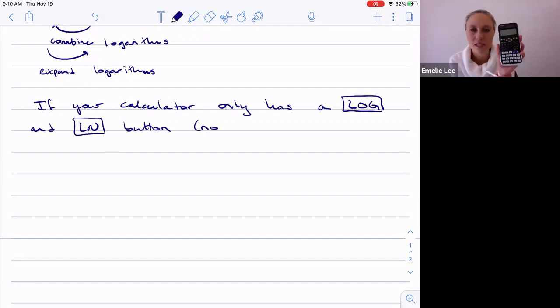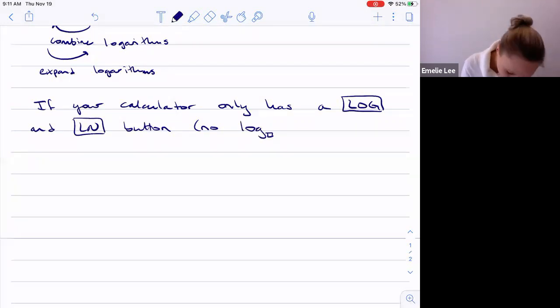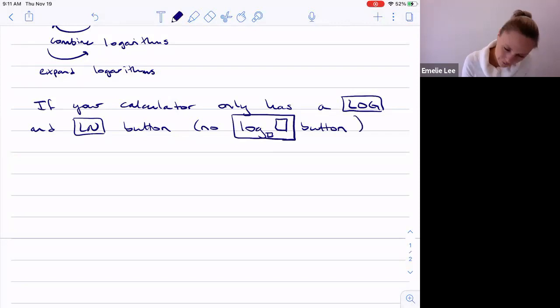If you have one that's similar to this, or the gray version, you will have a log blank, no log base something. Yeah, so you should have that one because that's what the department says you should have, this type of calculator. So you have the special button, so you don't actually need it.